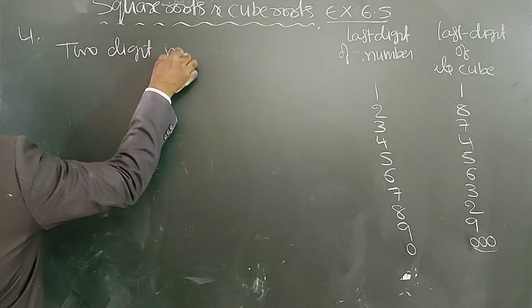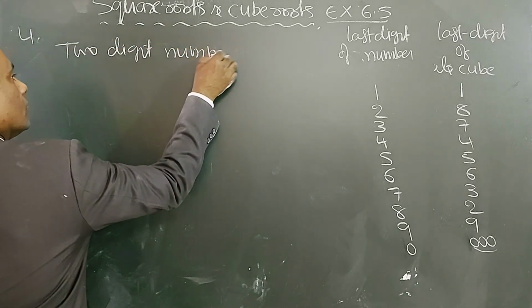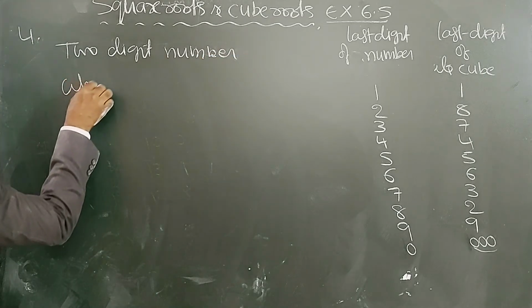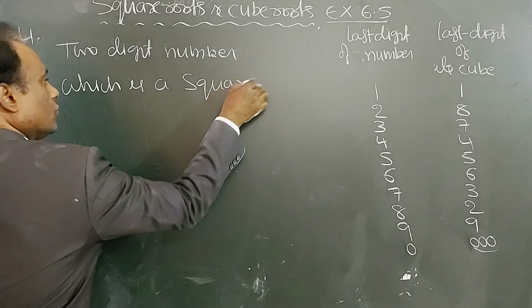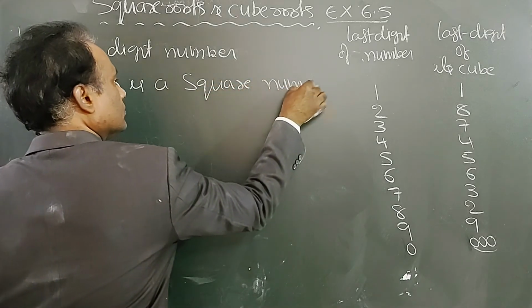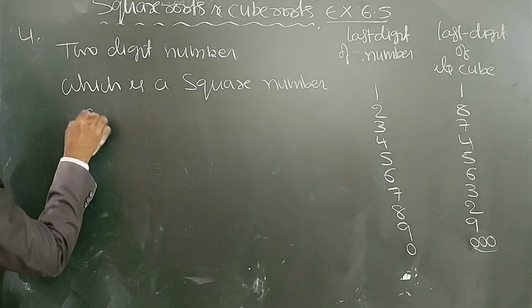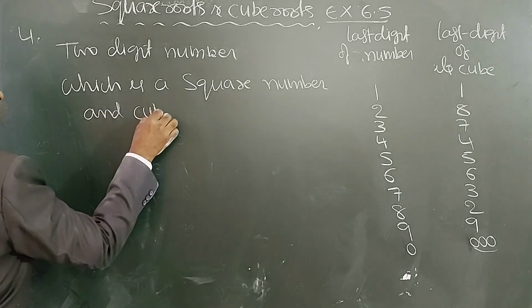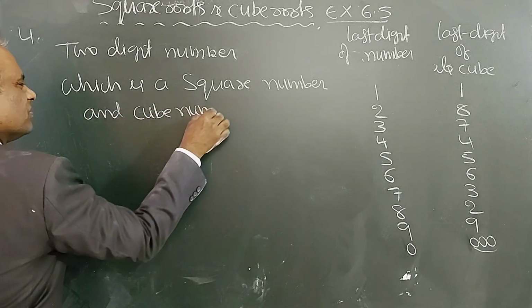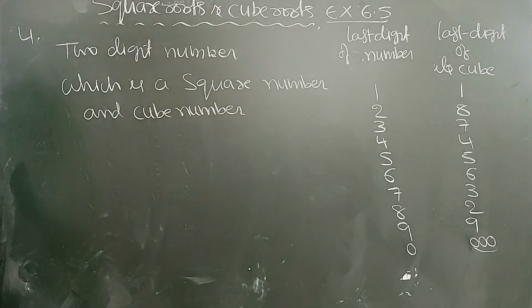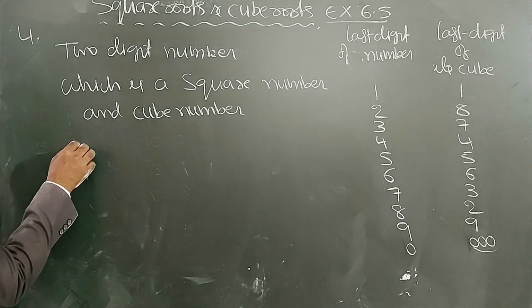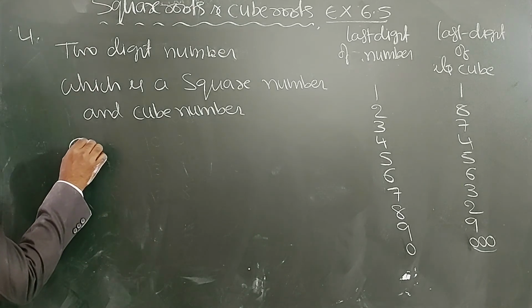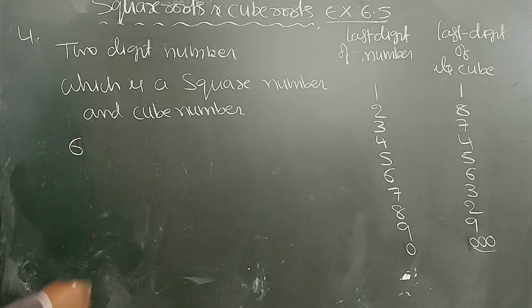Two-digit number which is a square number and cube number. It should be both a square number and a cube number.